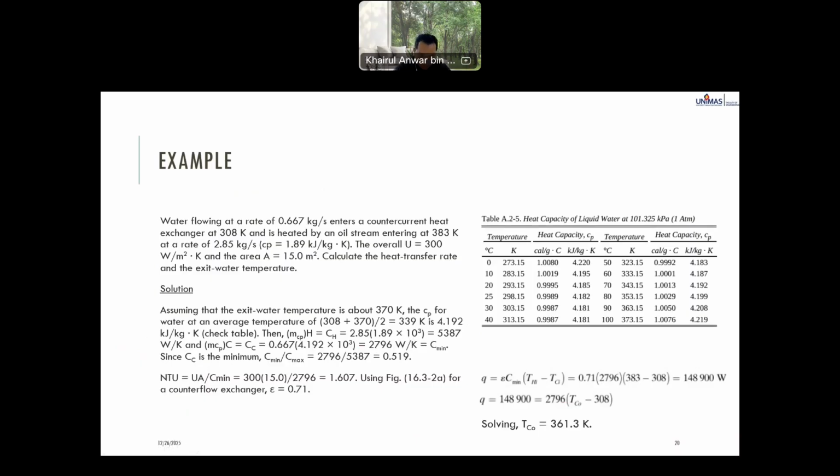Refer to page 679 or 680. This value here is actually 10 to the 3, not 103.